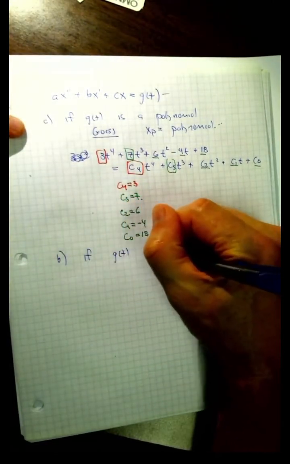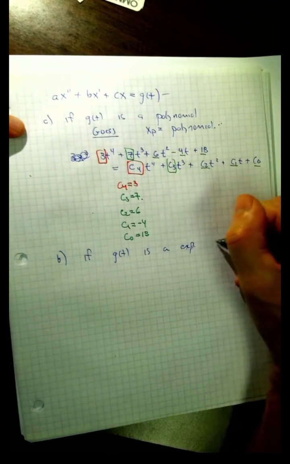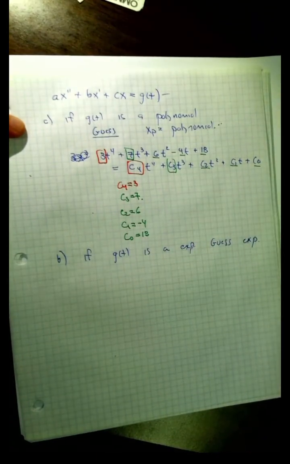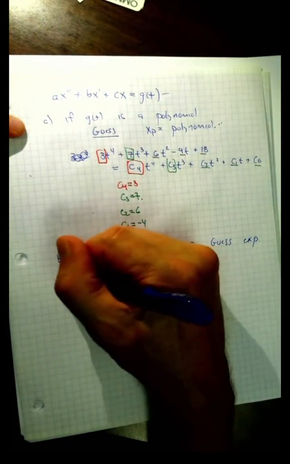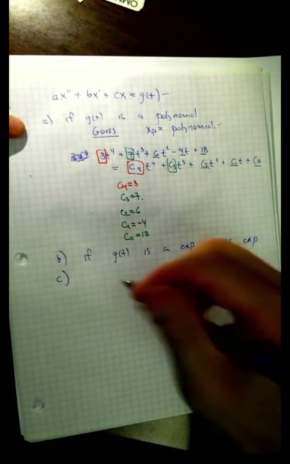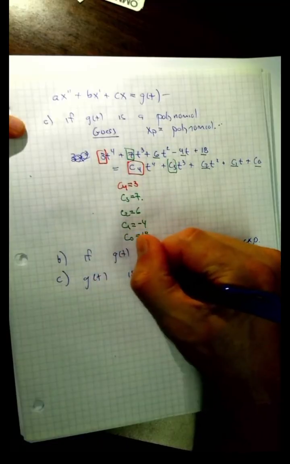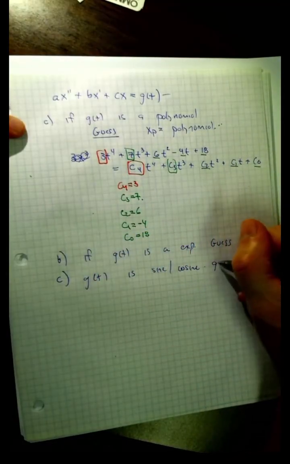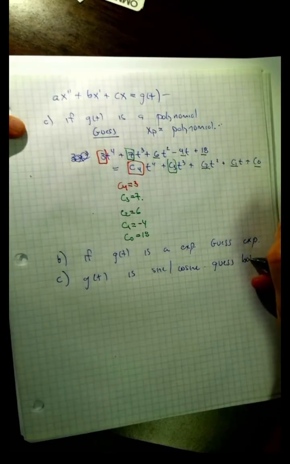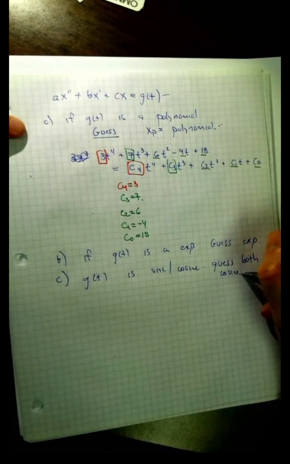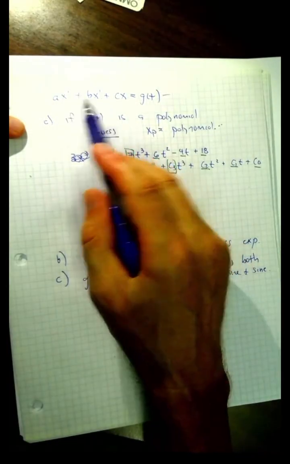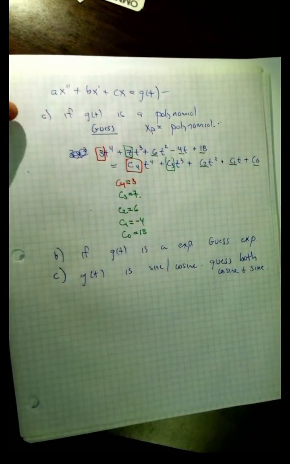Likewise, if g of t is an exponential, you're going to guess a general exponential. If there's a sine or cosine in there, you have to guess both cosine and sine, because when you start taking derivatives and plugging them back into here, they're all going to start flooding through.